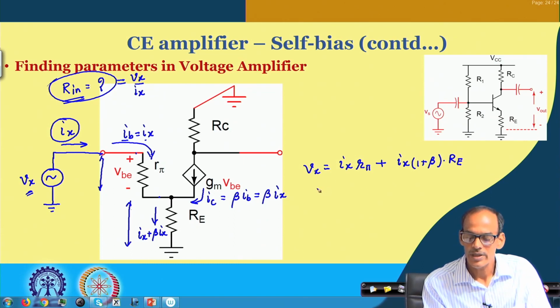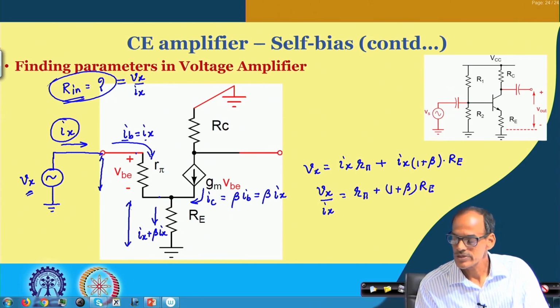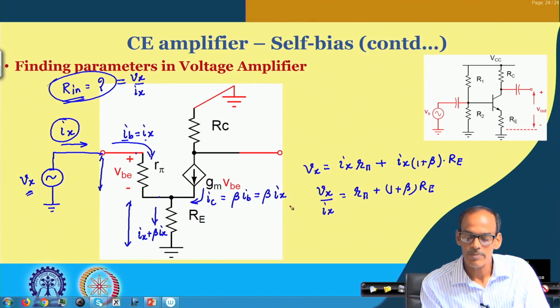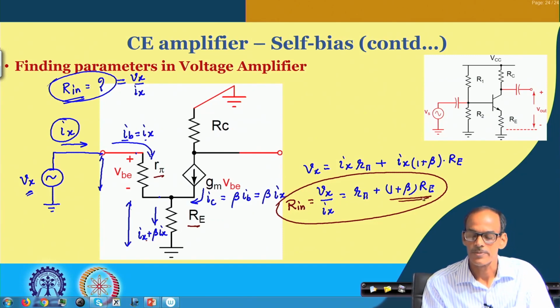From that we can say that V x by I x equals R pi plus 1 plus beta times R e. So, this is what we define as the input resistance. This circuit's input resistance is R pi in series with R e multiplied by 1 plus beta.